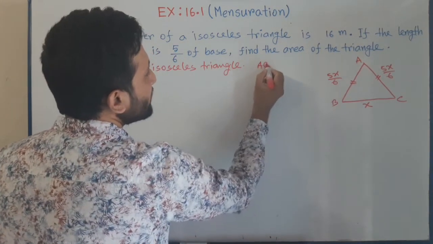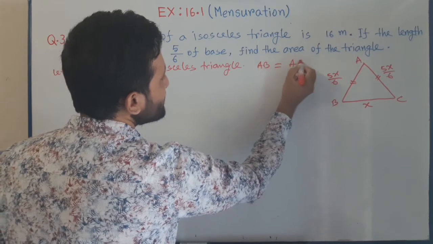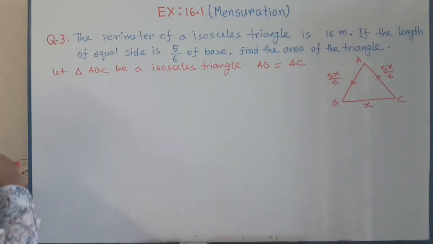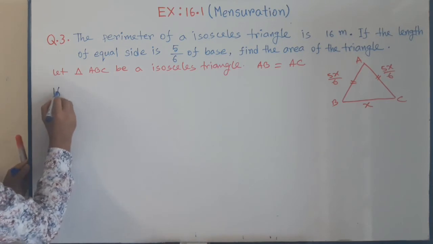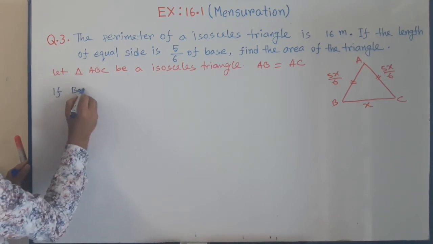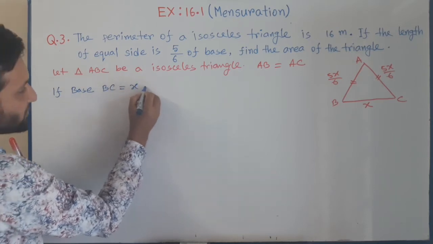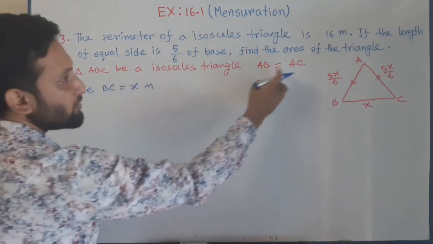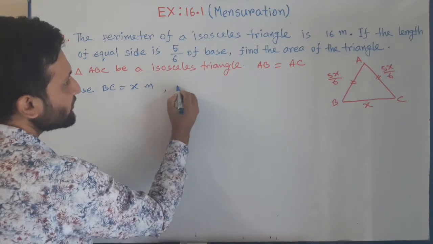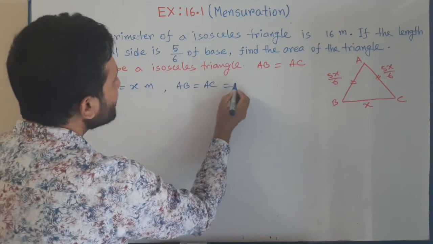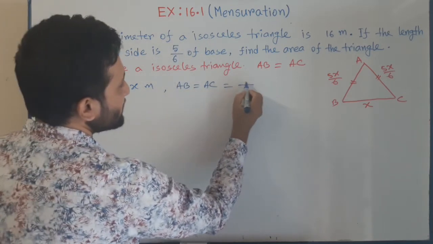If base BC equals x meter, then the other two sides, AB and AC, equal 5x by 6 meter.